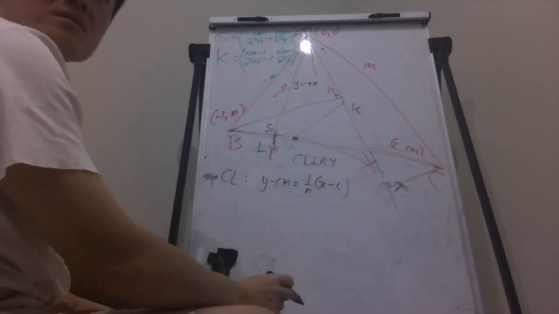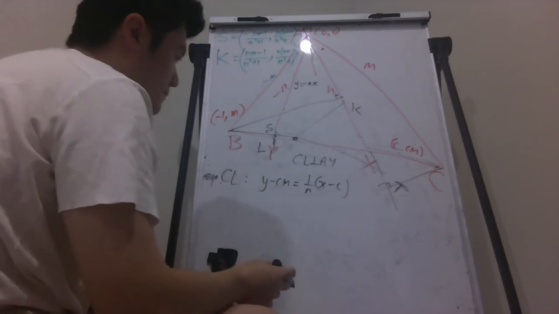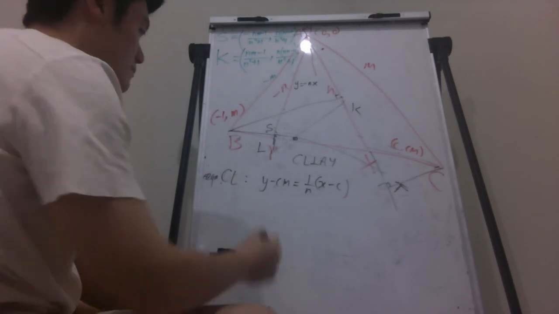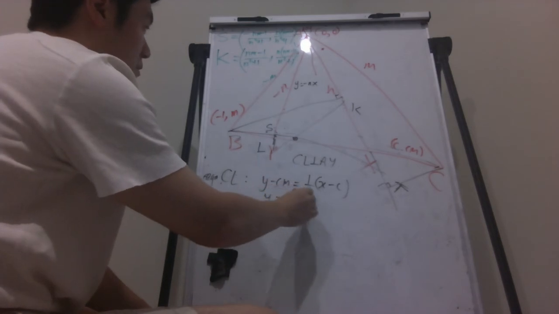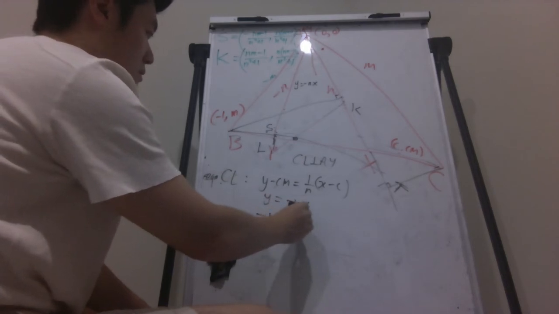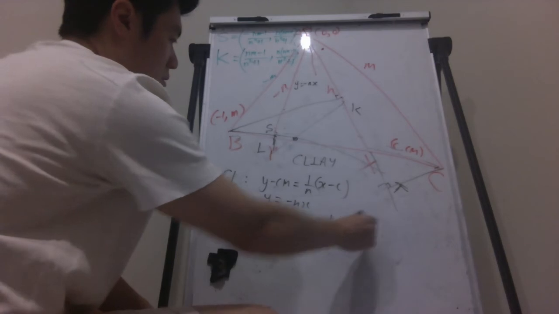Does that make sense? So you get, what do you get? You want to sub in y equals minus nx, right? So you get minus nx minus cm equals 1 on n x minus c.